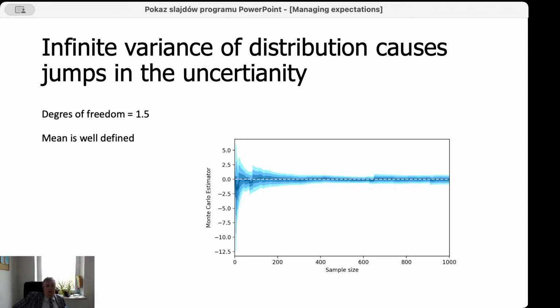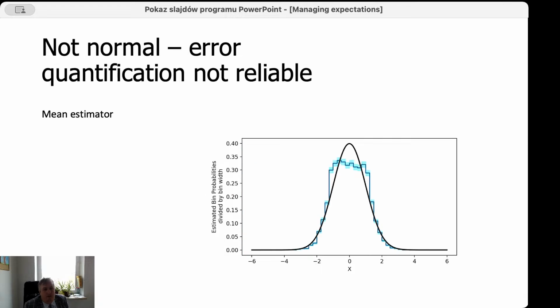And if we increase the degrees of freedom, we will get convergence to the actual value of the mean. However, the uncertainty will still not be well represented. We'll be getting jumps in uncertainty coming from the jumps in the distribution values.